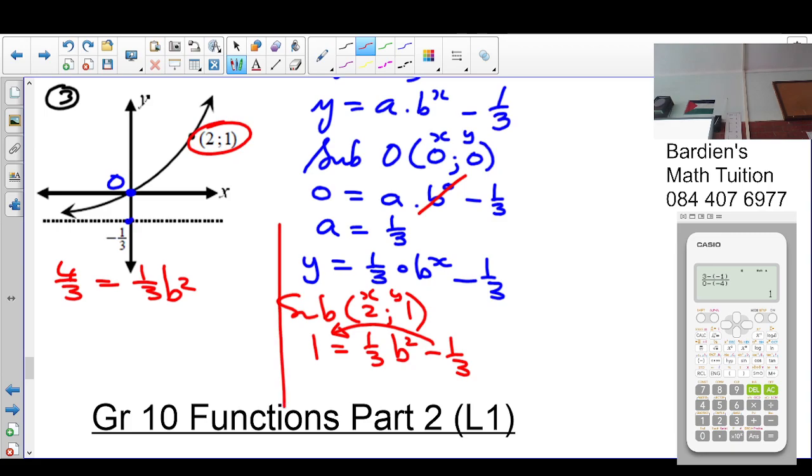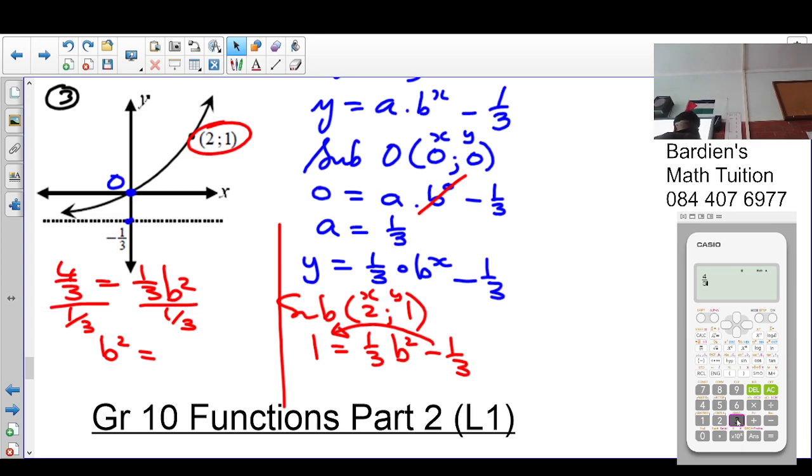Divide by 1 over 3, both sides. So b squared is equal to? 4 over 3 divided by 1 over 3, I say should be 4. It's 4.